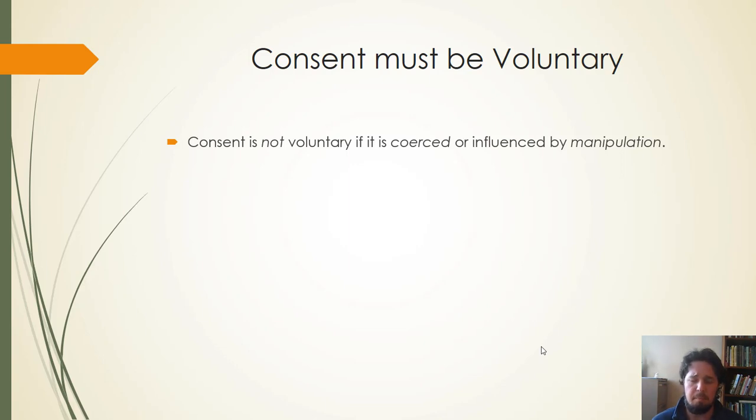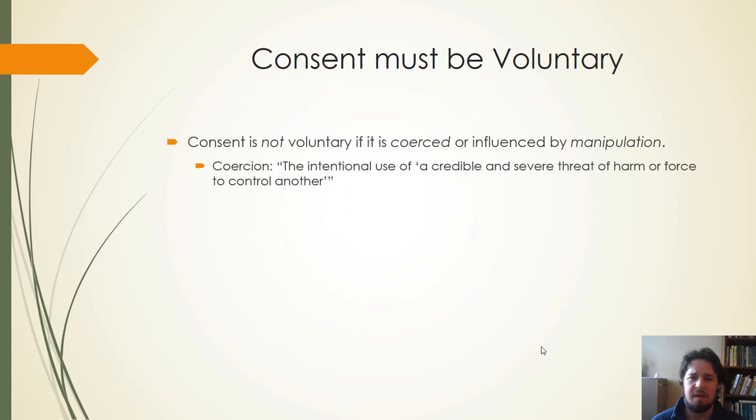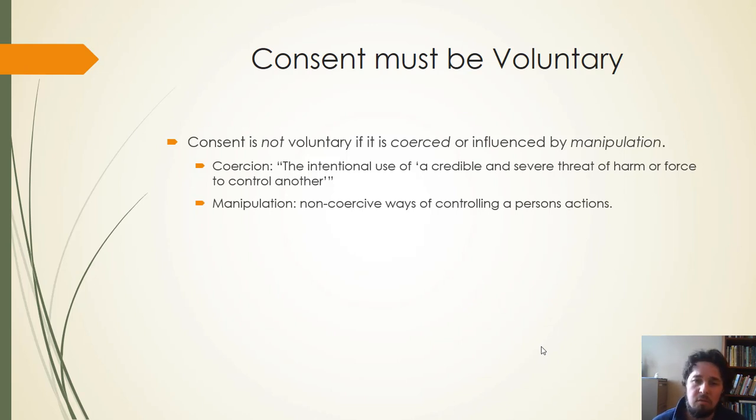But if it's manipulated or coerced, then that's not really voluntary consent. So coercion happens when it's the intentional use of credible and severe threat of harm to control somebody else. So if you force somebody to sign a paper, they're not really consenting to it. It's not voluntary consent. And manipulation is non-coercive ways of controlling a person's actions.